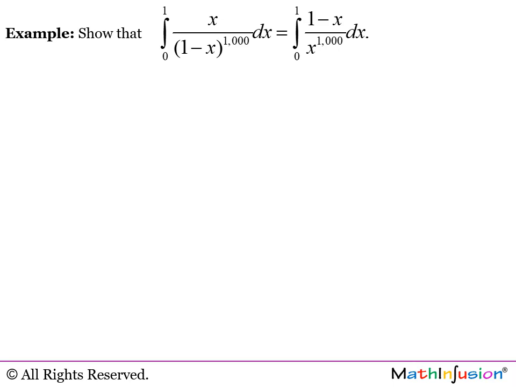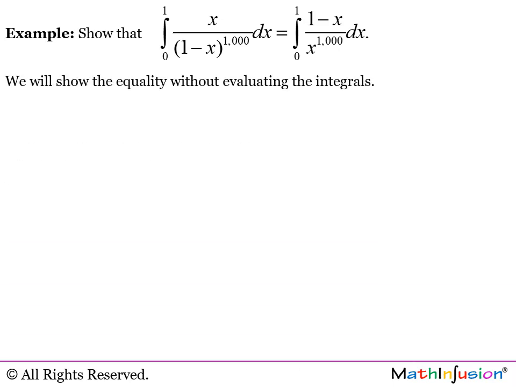The last problem in this section is a real challenge one. We would like to show that those two integrals are equal without evaluating them. So I'm going to start with the first one, and at some point we will get to the second one, and then we will figure out that they are really the same.